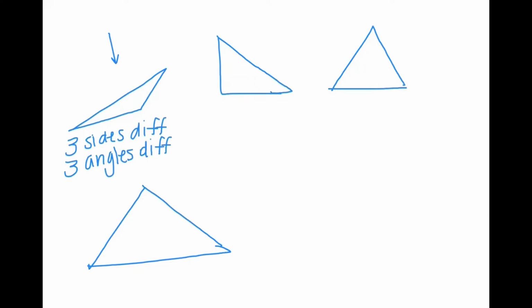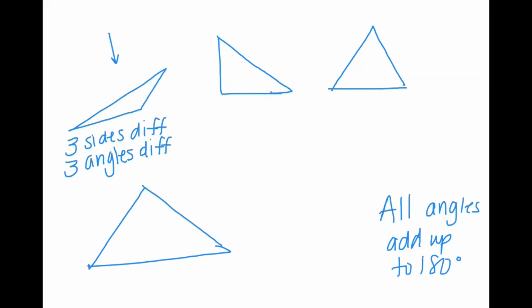Something to know is all of the angles in a triangle add up to 180 degrees, okay? So back to triangles. Three sides are different, three angles are different. They're all different from each other.